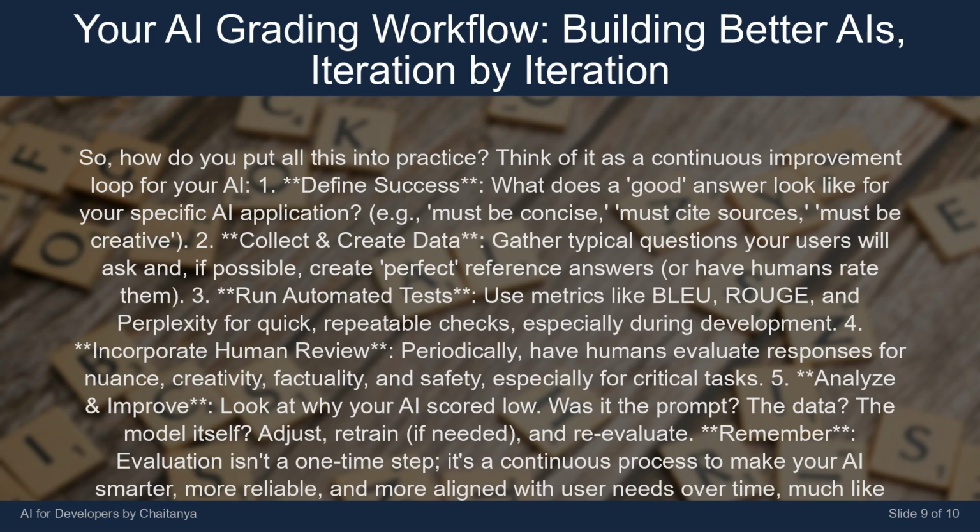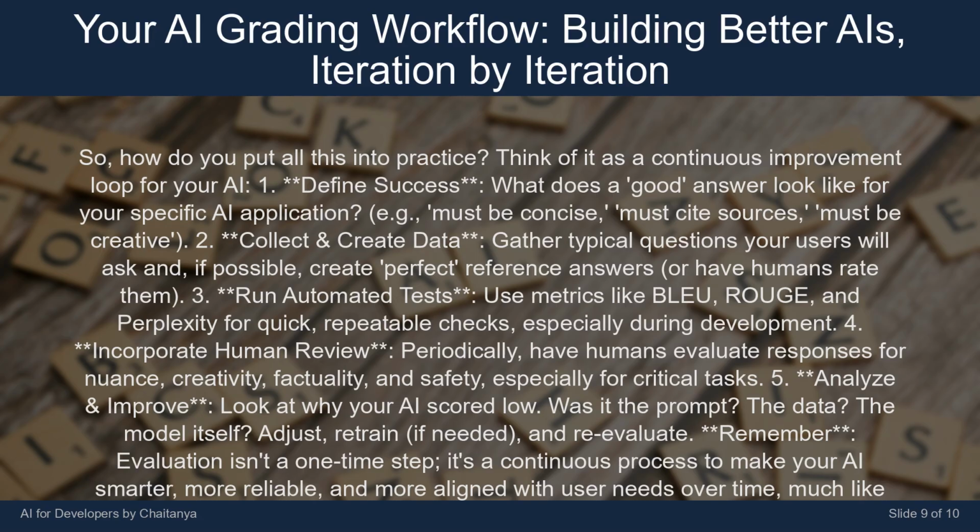Run automated tests. Use metrics like BLEU, ROUGE, and Perplexity for quick, repeatable checks, especially during development. 4. Incorporate human review. Periodically, have humans evaluate responses for nuance, creativity, factuality, and safety, especially for critical tasks.